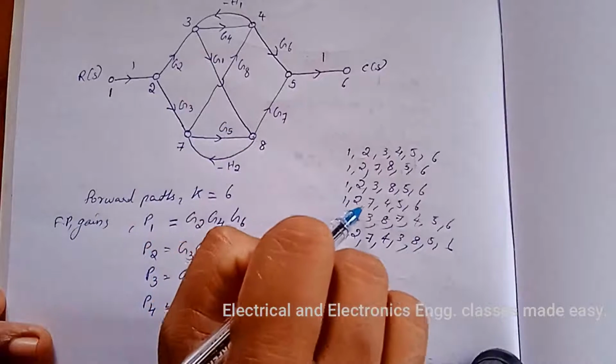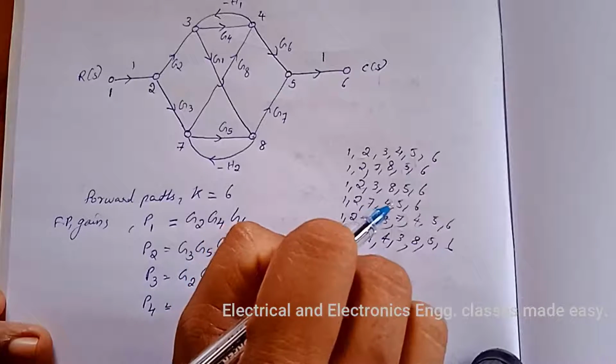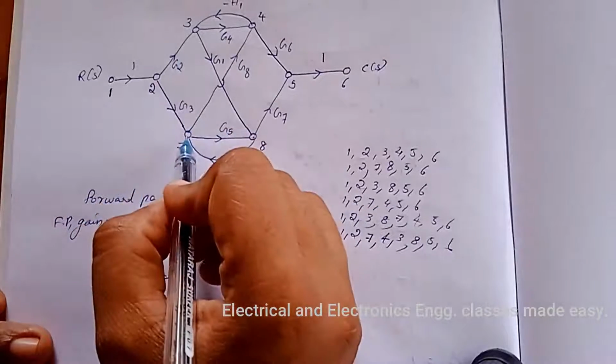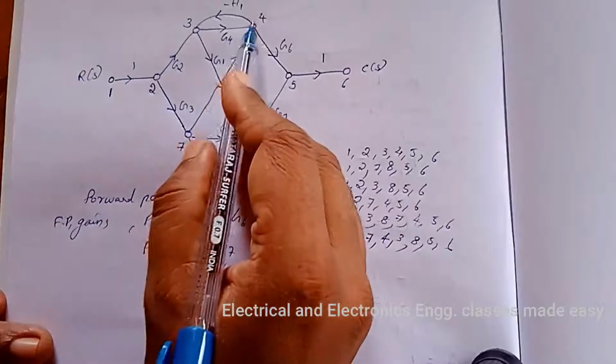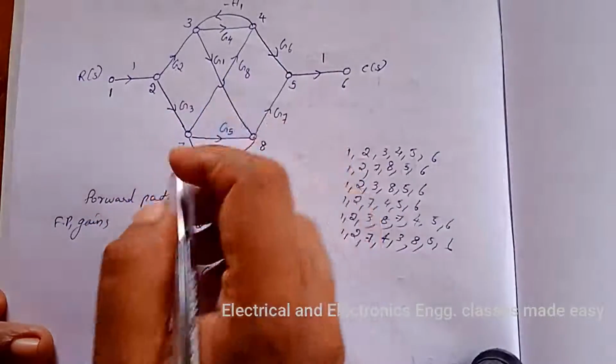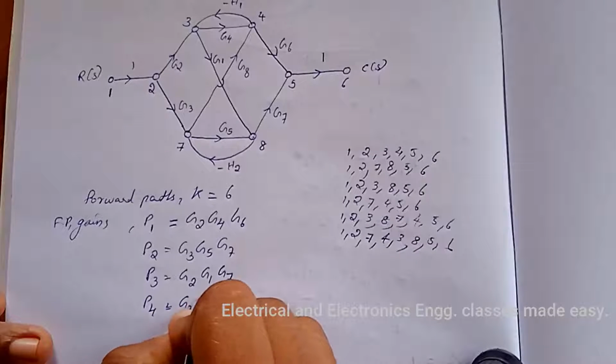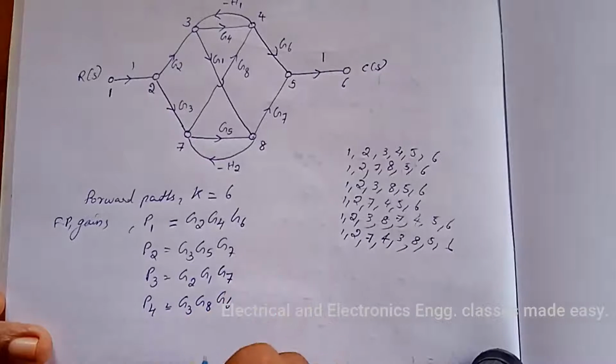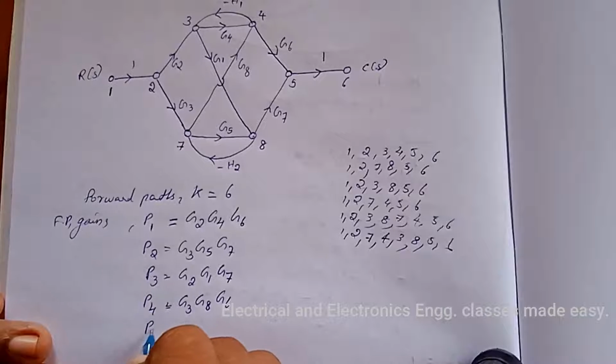Then P4. P4 is 1, 2, 7, 4, 5, 6. That is G3, G8, G6. Next is P5.